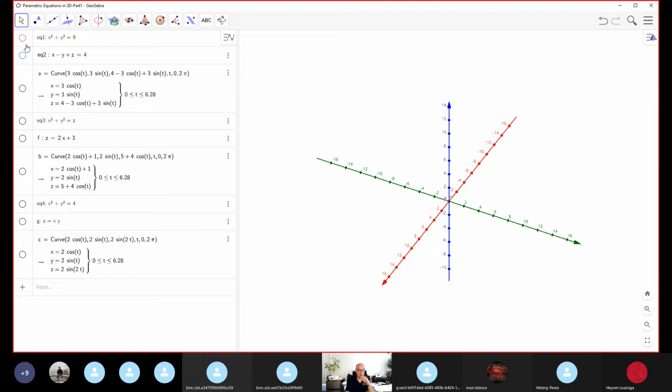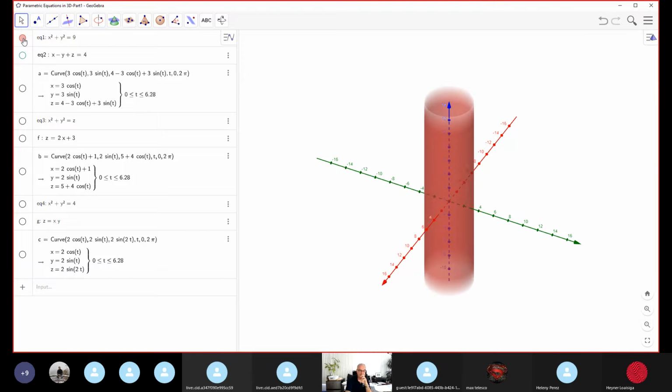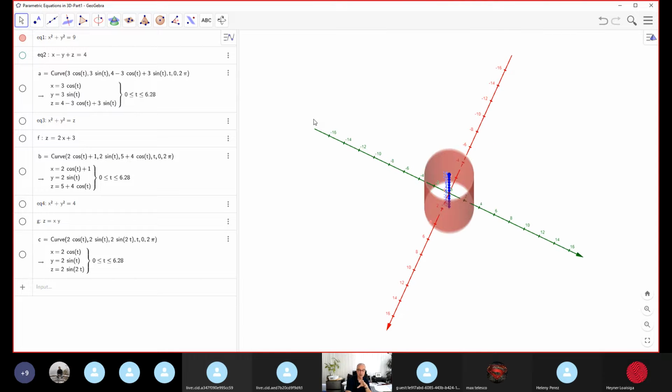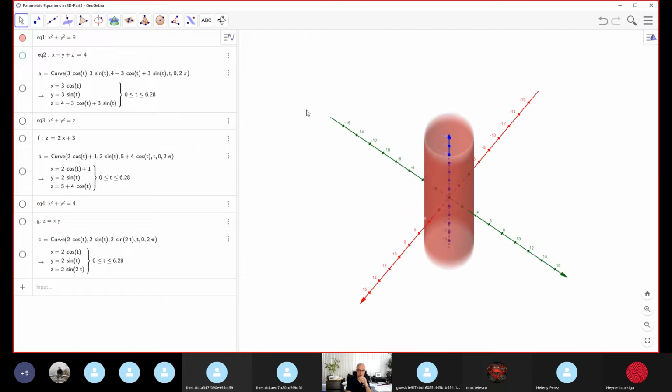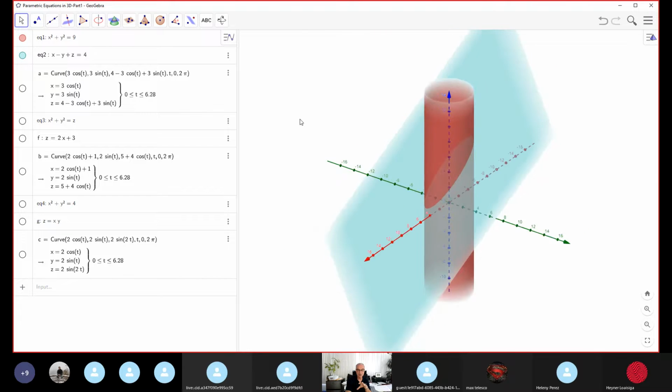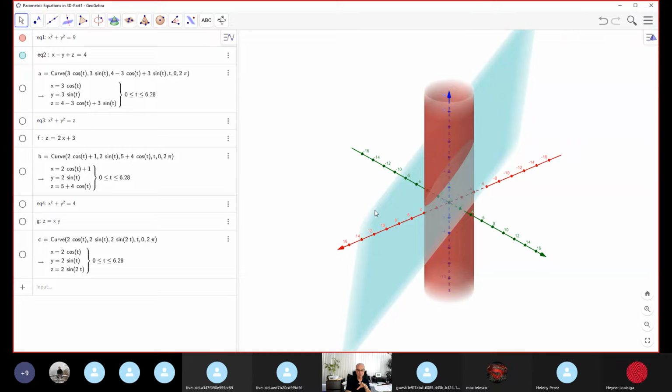One more time I explain. Cylinder, circular cylinder. This is a surface. Remember, this is hollow, not solid. It's only the peel, the surface area. A two-dimensional object living in a three-dimensional context. Plane, a two-dimensional object living in a three-dimensional context.